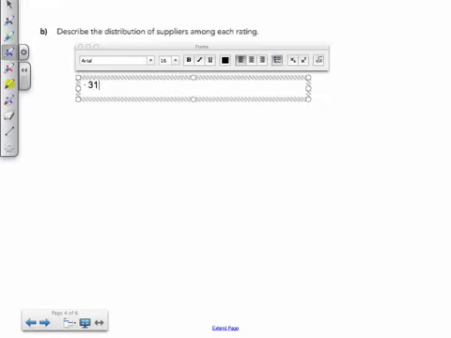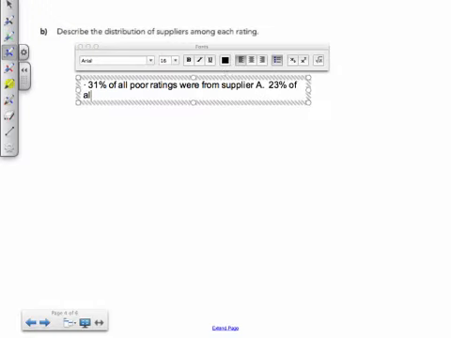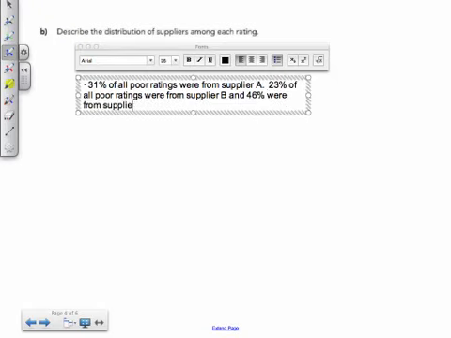You're going to have to write small too. 31% of all poor ratings were from supplier A. And then we're going to say that 23% of all poor ratings were from supplier B, and 46% were from supplier C.